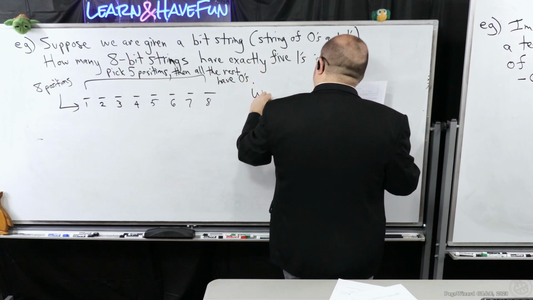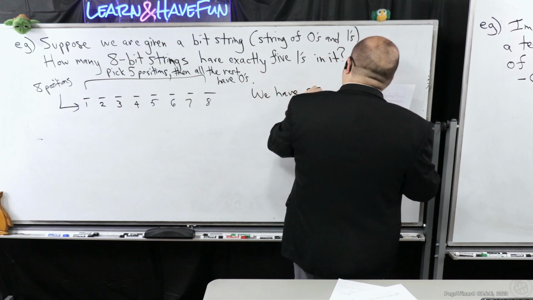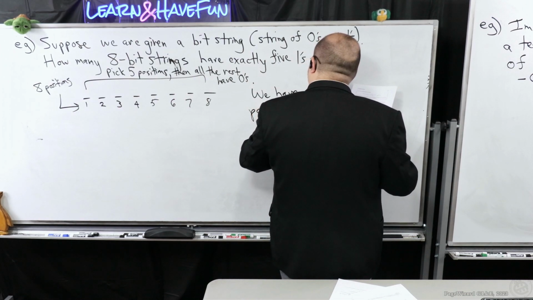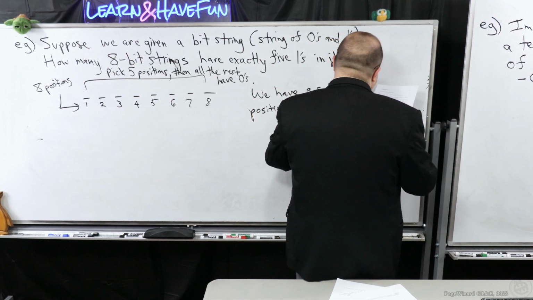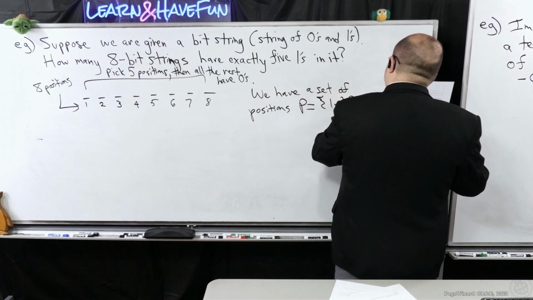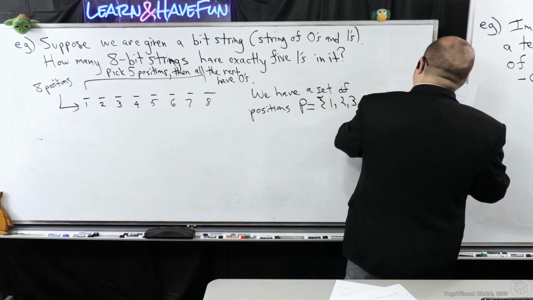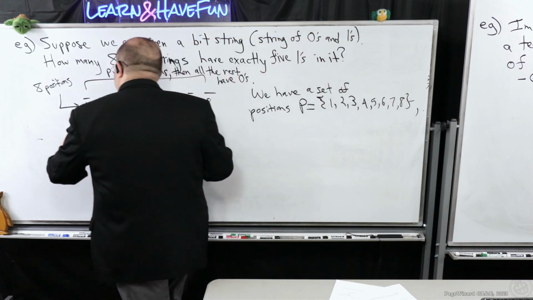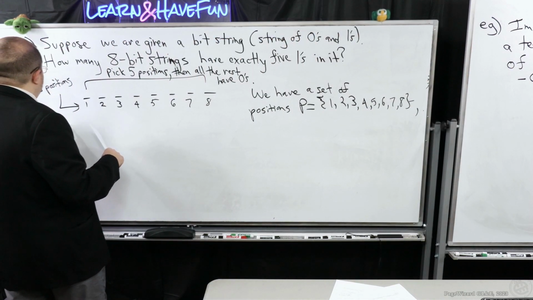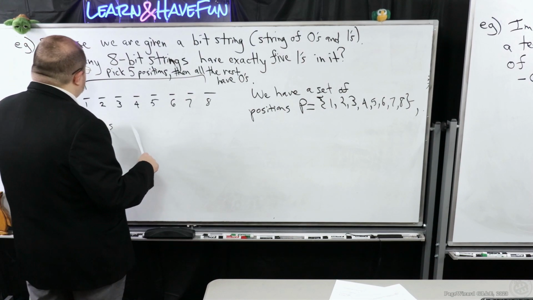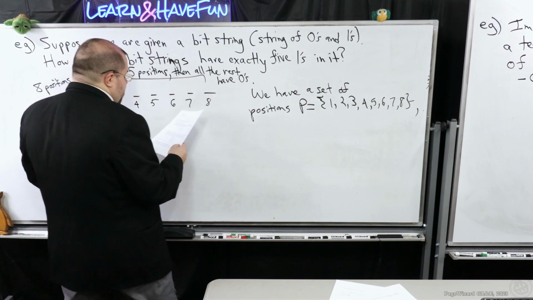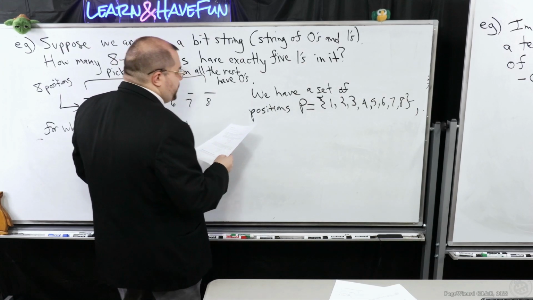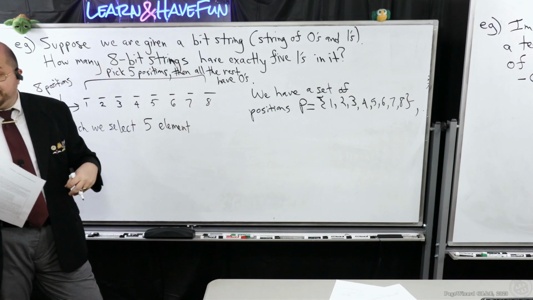So we have a set of positions, capital P. We're just going to have 1, 2, 3, 4, 5, 6, 7, 8, for which we select 5 elements from P, right? 5 elements in P correspond to 5 positions in the string.